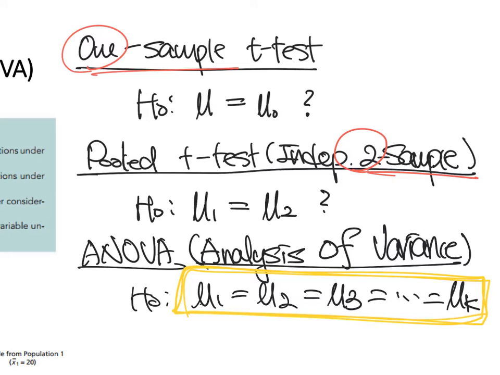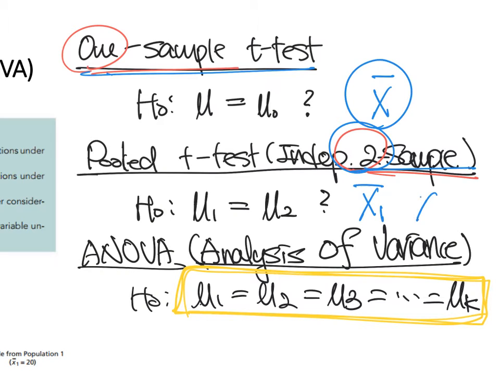But definitely we are going to compare k sample means, because in the one sample t-test we use the sample mean x bar, so we had only one sample mean. In the two sample we had x1 bar and x2 bar.